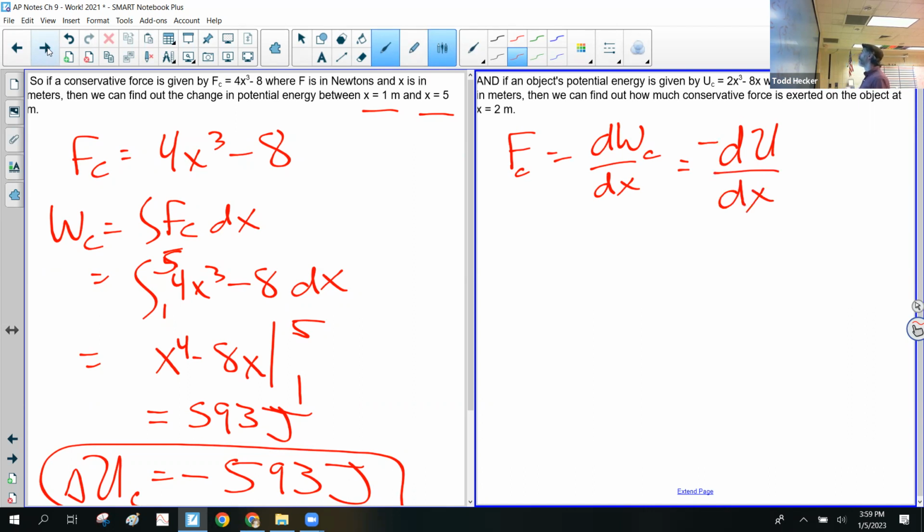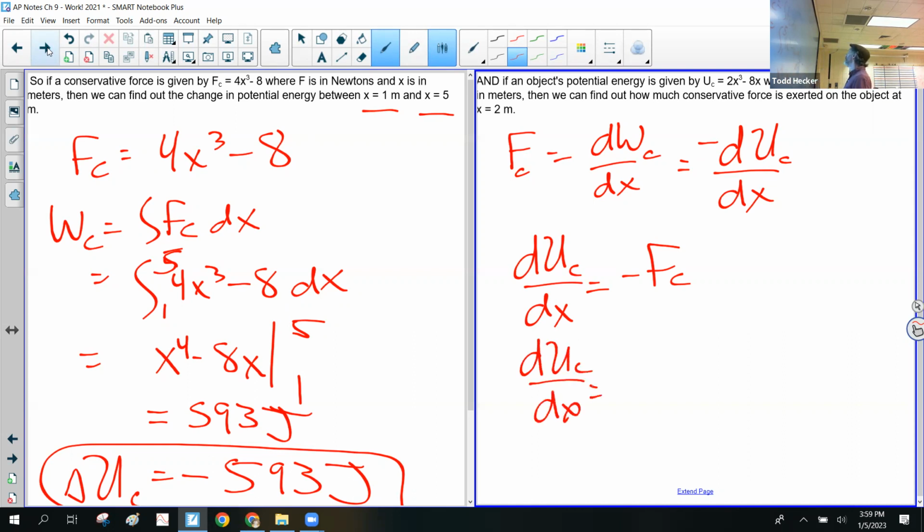So what that means then is the derivative of my potential energy with respect to position is the opposite of the conservative force. So if I take the derivative of this, let's see, dUc/dx is the derivative with respect to x of 2x cubed minus 8x.